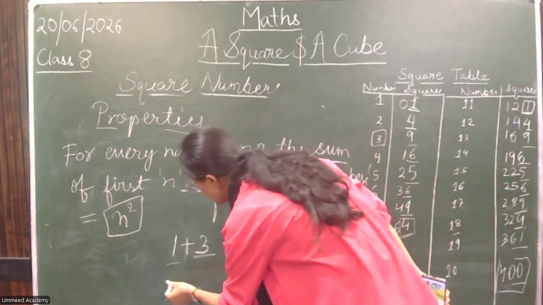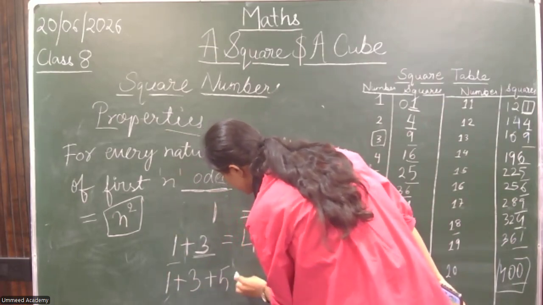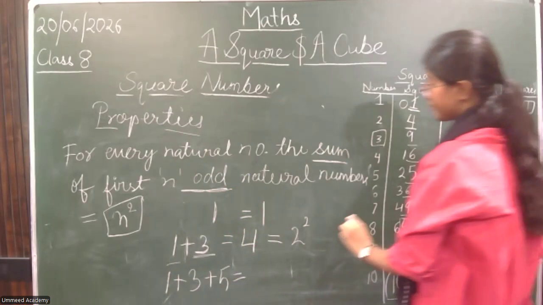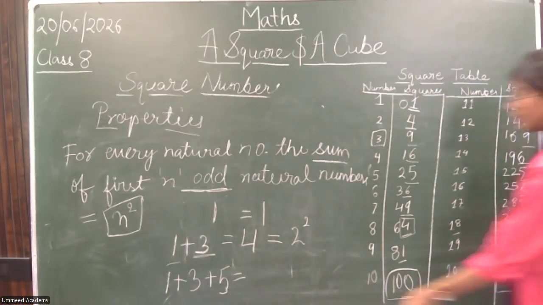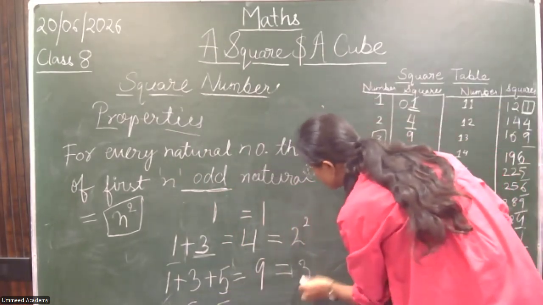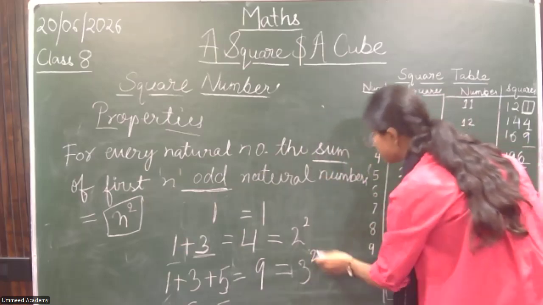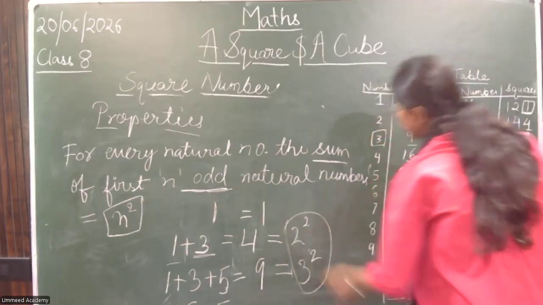Now if we take the first three odd natural numbers, which are 1, 3 and 5, what is the sum? 9. Yes, 9, and we are doing it for the first three natural numbers. So this is 3 square. Are you understanding? Yes, ma'am. So there is a pattern: as we move and add more numbers, we get the consecutive squares.